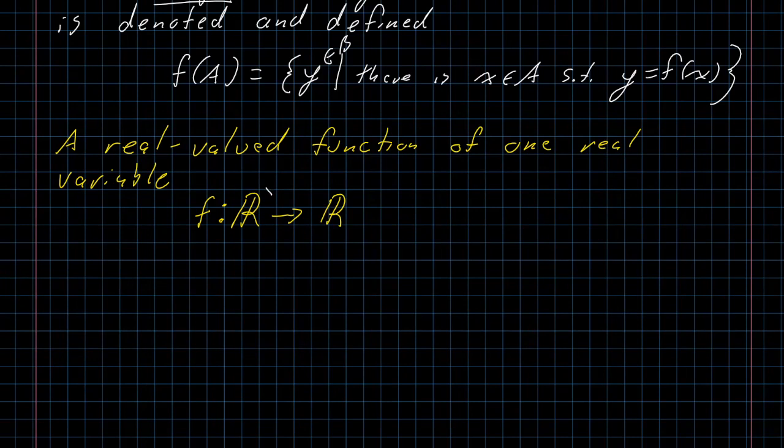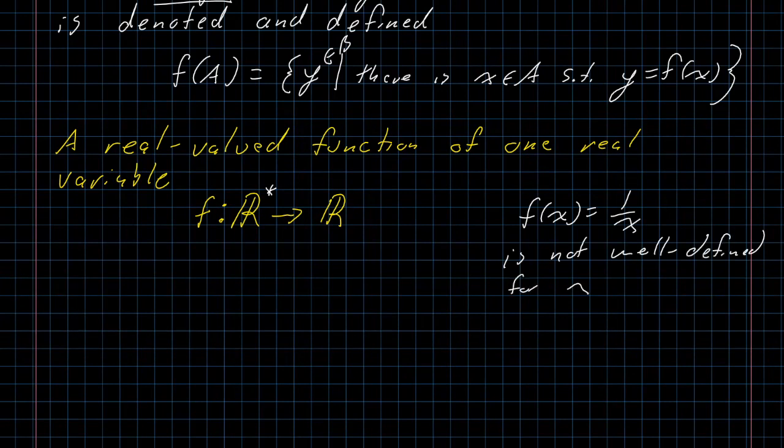I'm going to put an asterisk next to this R for the domain because we are going to deal with functions that are undefined at some points. And we're just going to be okay with that. We're going to be okay with something like f(x) = 1/x is not well defined for x = 0.